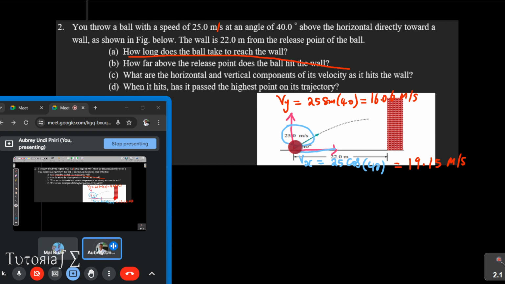We have the horizontal distance and we also have the horizontal velocity. Remember what we said: time in the horizontal at a particular point is equal to time in the vertical.